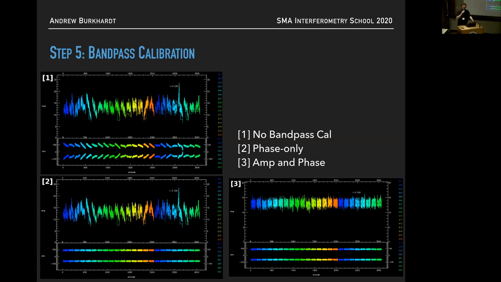You can go back and look at the gains that were fitted, see if there are jumps in the gain, and that's one area where you can look at the source. And when you image, you can go back and say, okay, if I leave that part out of the source, does the image change?